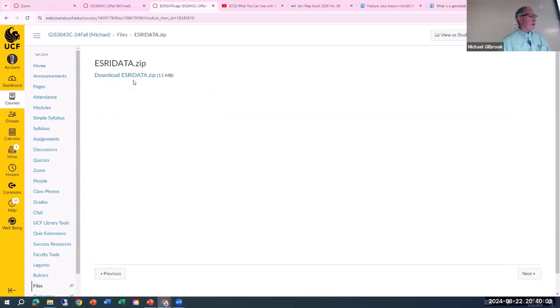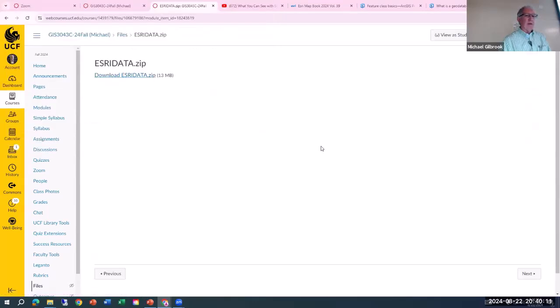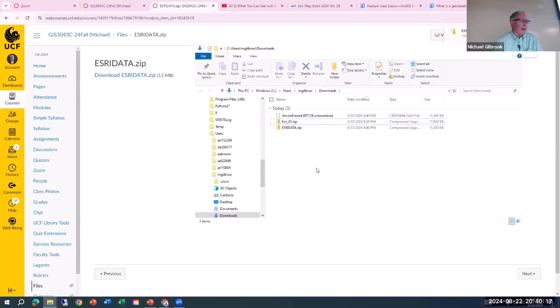Just click on the download, tell it yes, go into downloads is fine, tell it to save. It'll do that. We already have a Windows File Explorer open to the downloads folder, and we can just look at it. When it's finished downloading, this unconfirmed thing will go away, and it tells us we've got the esridata.zip.